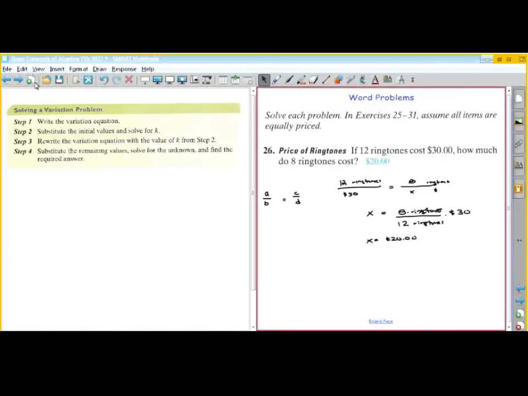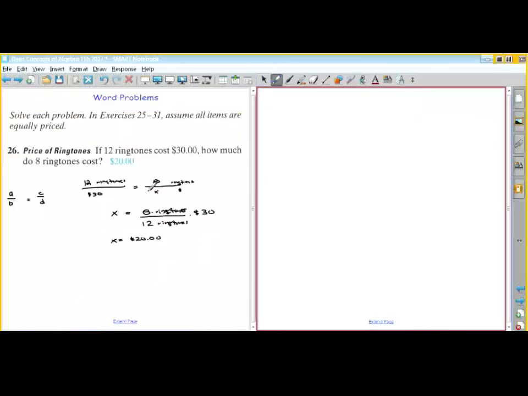The other example of a proportion, let me just put this up here, is instead of doing this, where these are matched together and grouped together, the other way to do it would be 12 ringtones to 8 ringtones.